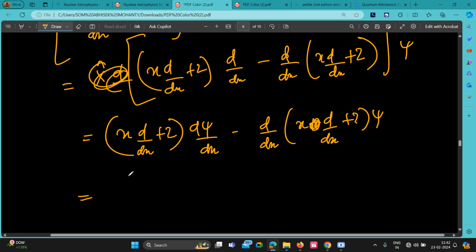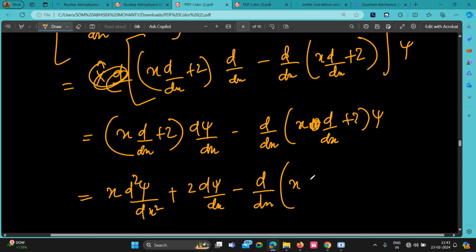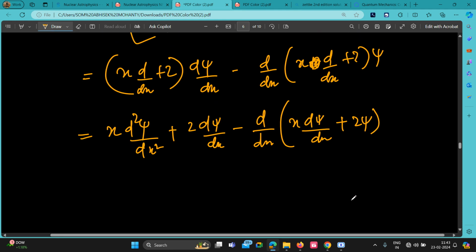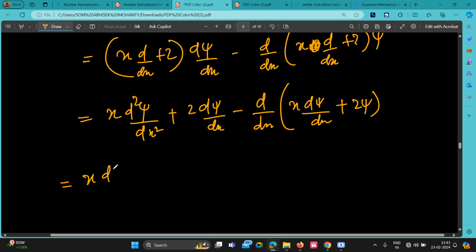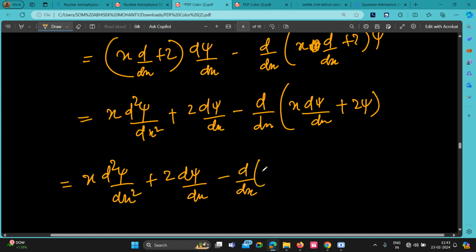Now I will open the bracket: x d square psi by dx square plus 2 d psi by dx minus d/dx of x d psi by dx plus 2 psi. So that will give me x d square psi by dx square plus 2 d psi by dx minus d/dx of x d psi by dx minus 2 d psi by dx. Okay.